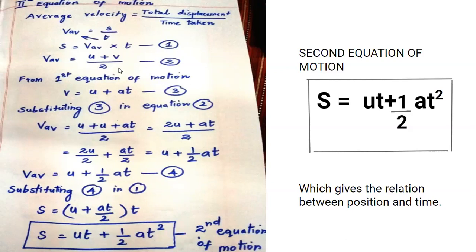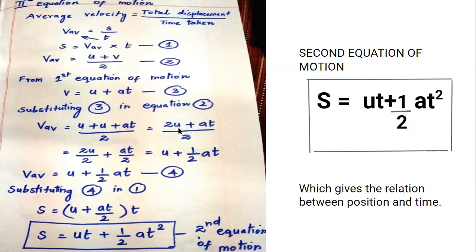So what is the equation 2 here? v_av is equal to u plus v by 2, right? So now you can see that v_av here, u is as such, I'm taking that u as such, and for that v only I'm taking u plus at. Can you see here? Yes. So u plus at by 2. So u plus u becomes 2u plus at by 2.